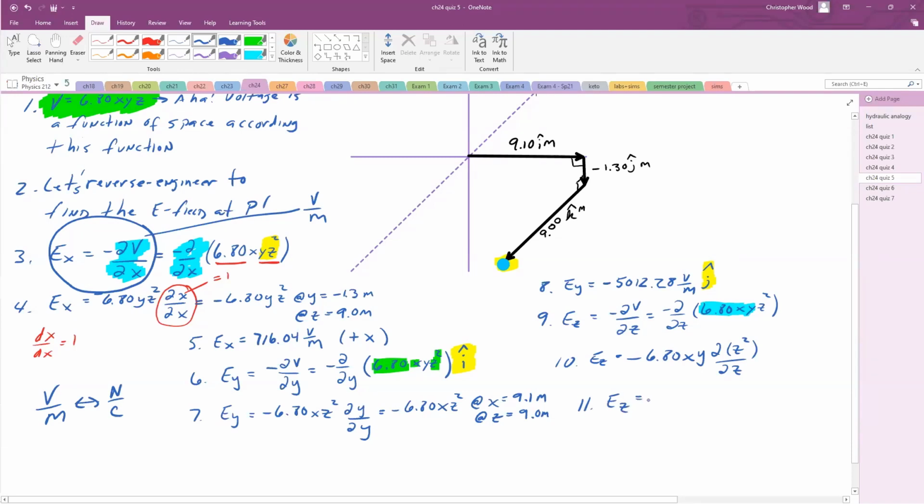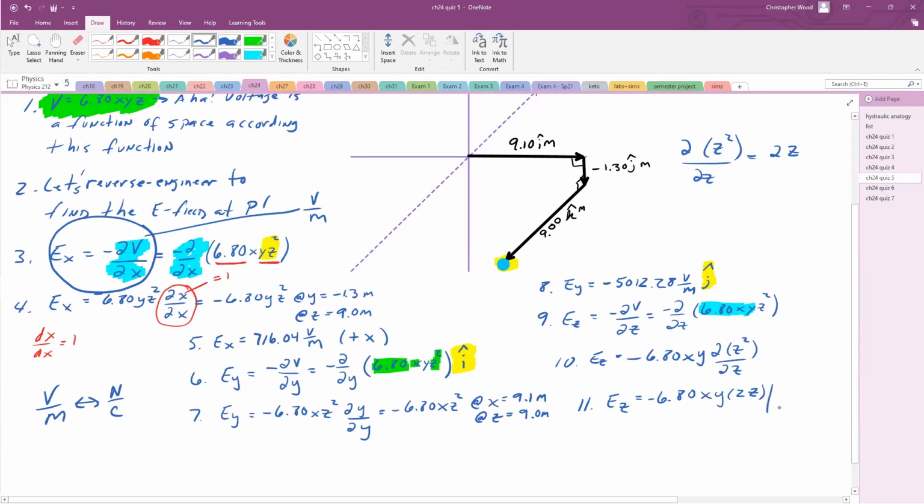EZ equals negative 6.80 x times y times 2z, because the partial derivative of z squared, just like a regular old derivative, is just going to equal 2z. So it's still simple, but this is a little bit different because z was raised to a power of 2.